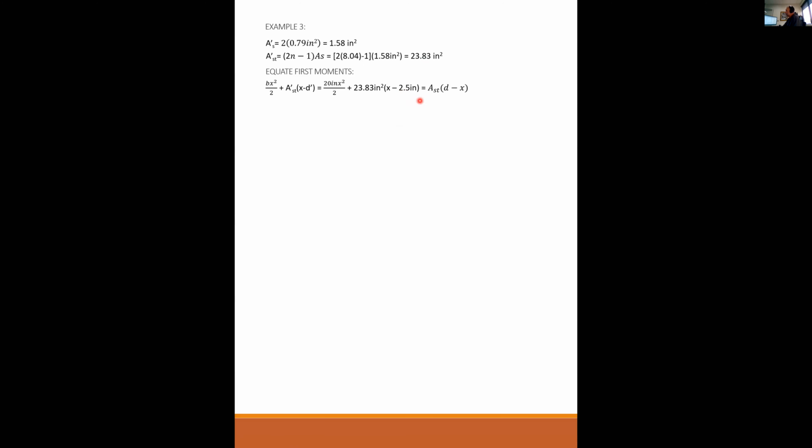And this is balanced by my tension steel times d minus x, which is 38.11 times 24.5 minus x. I take this whole long equation and consolidate it into a quadratic, solve for my quadratic, and now x is 7.34 inches.